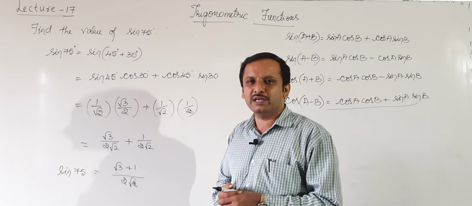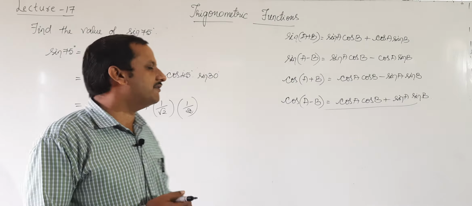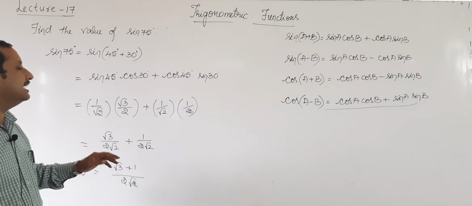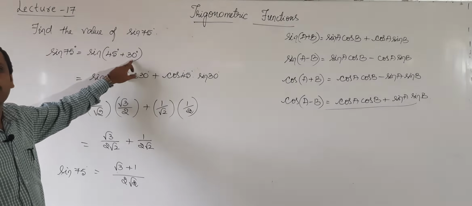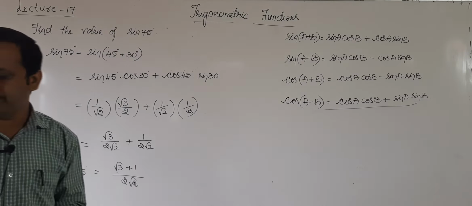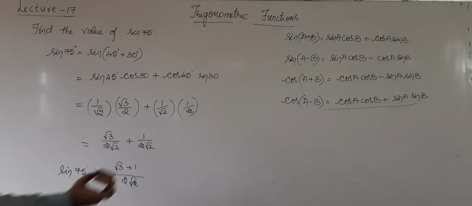So, we will not be able to get the value, right? Hence, I wrote 75 as 45 plus 30 only, because I know these values. These are the standard angles, 45 degree and 30 degree. So, we were able to do it.